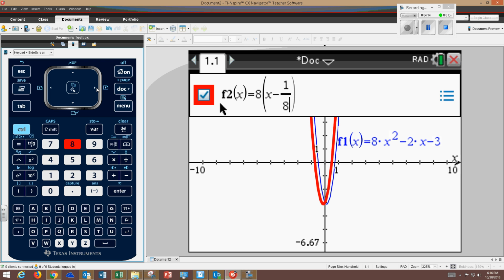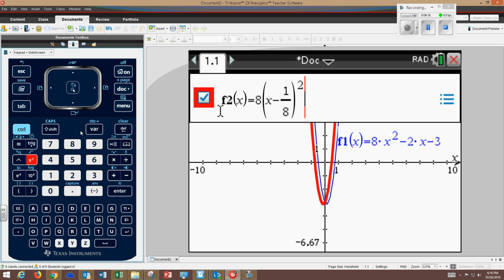Right? And this is a quadratic, so we're going to square it. And I believe this was plus 25 over 8.